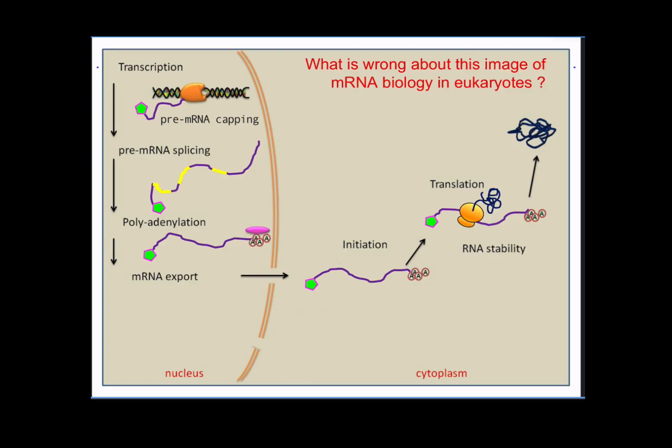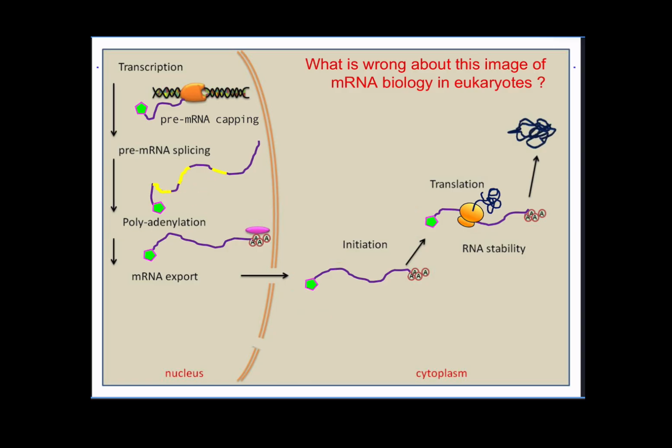Here you see a cartoon where presumably we're going through the different steps of protein coding gene expression in eukaryotes, right? We see transcription on DNA in the nucleus. There is the pre-mRNA capping at the 5' end, then polyadenylation and pre-mRNA splicing.